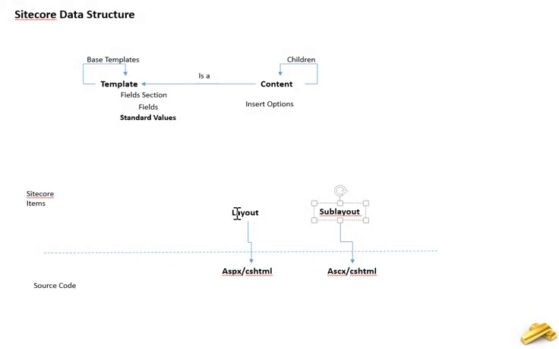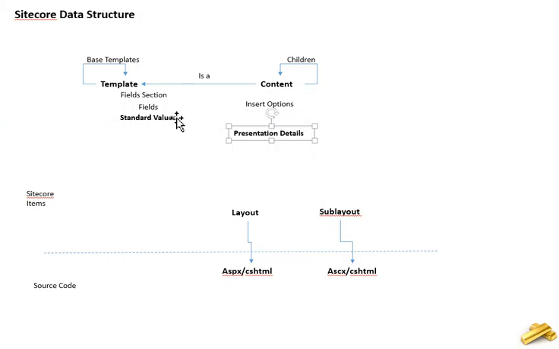So how do the layouts, the views, link to the content? This is linked from the content via an attribute called the presentation details.